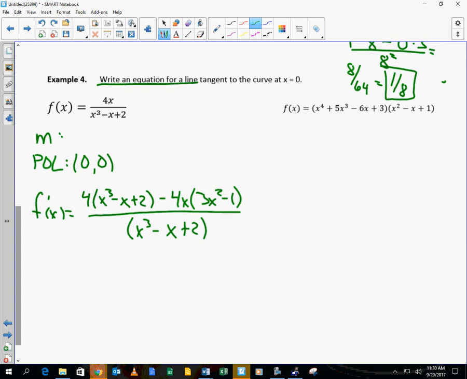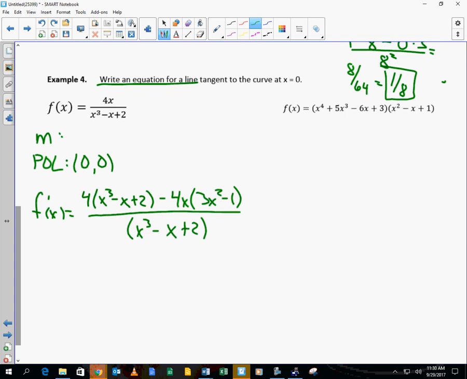Here's why I love this problem. Everybody gets here and you want to simplify. Don't simplify. Does it ask you to provide a simplified derivative? Does it ask you what the simplified version of f prime is? It just wants the stinking slope, right? Does it matter if I plug in 0 now or if I do it after I simplify it?